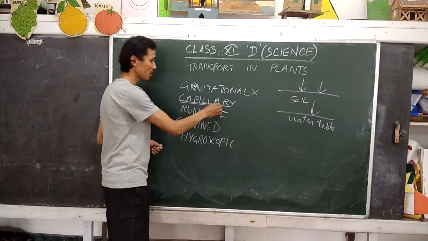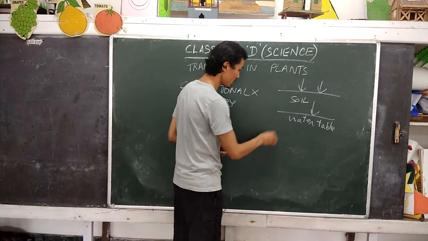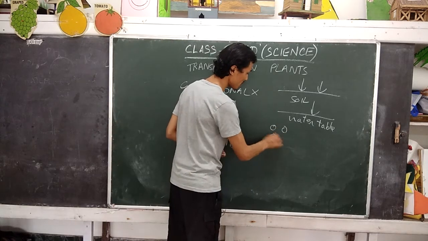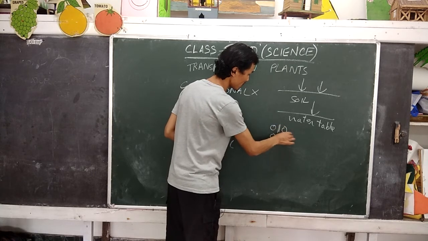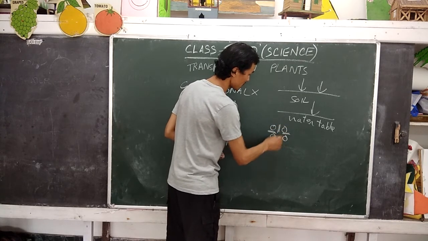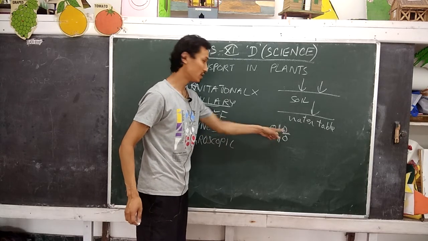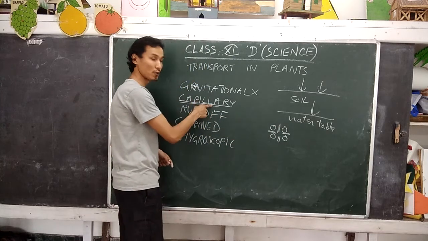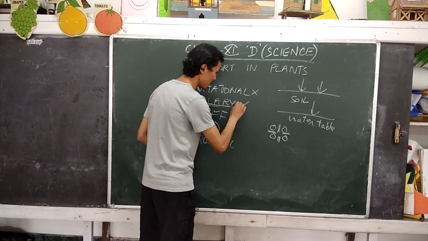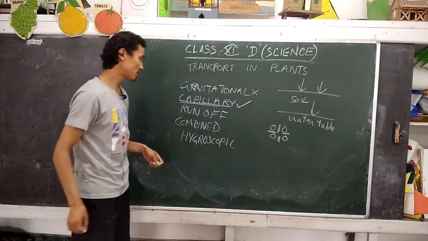Capillary water exists in the interstitial spaces between the soil particles. So if these are soils and the spaces over there, the water present in these spaces is capillary water. And this water can be absorbed by the plants.